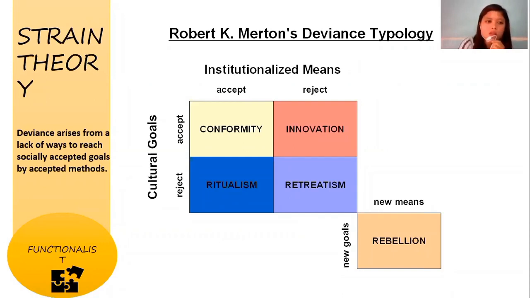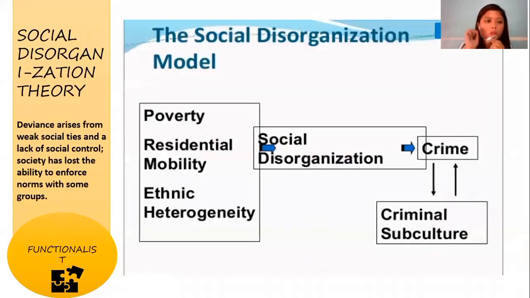So next, we have social disorganization theory. This theory is proposed by the University of Chicago. It focuses on the conditions of the environment, community, or the neighborhood, to be more specific.